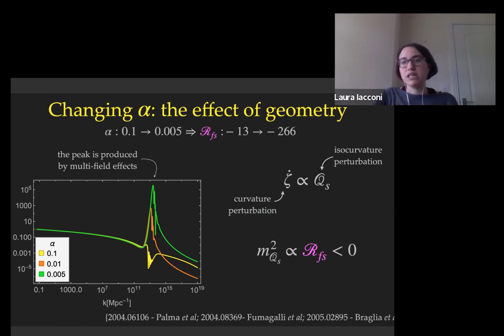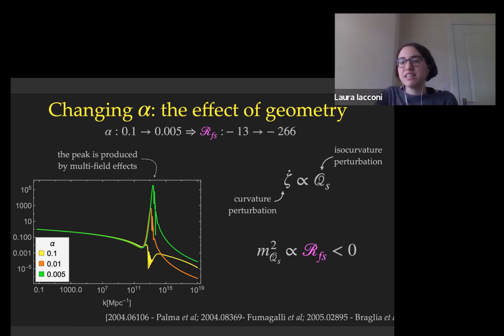In particular, in two-field inflation, there are two types of perturbations: the curvature perturbation and the isocurvature perturbation, and those are coupled together. In the super-horizon regime, the effective squared mass of the isocurvature perturbation depends on the field space curvature.